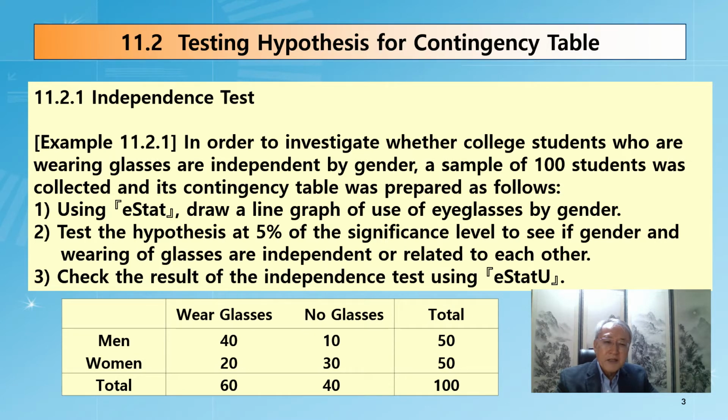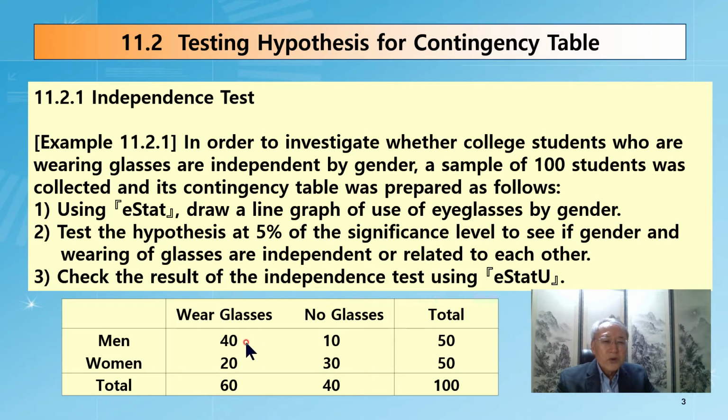What does independent mean? If you look at this data, it seems male students wear more glasses, because we have a 50-50 split, the same number of male and female, but the males are wearing more glasses. In the case of the ladies, there are more who don't wear glasses.